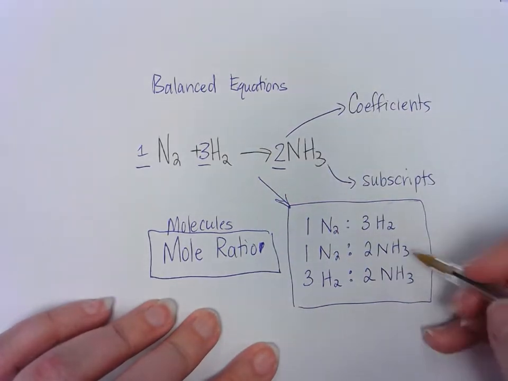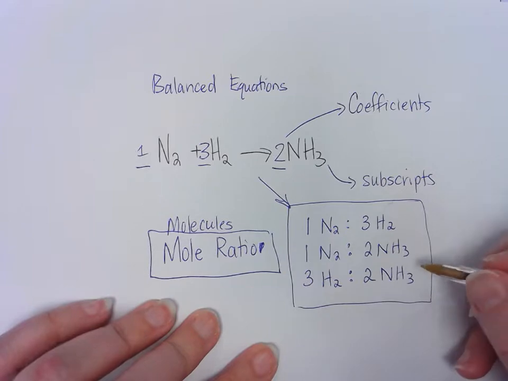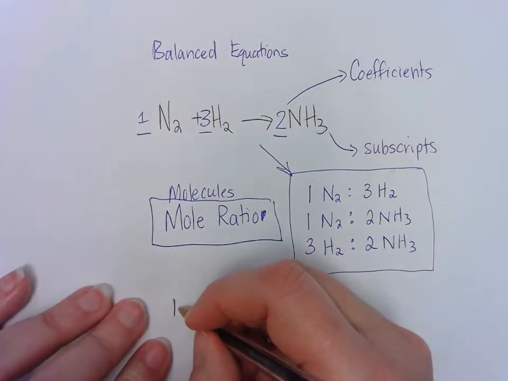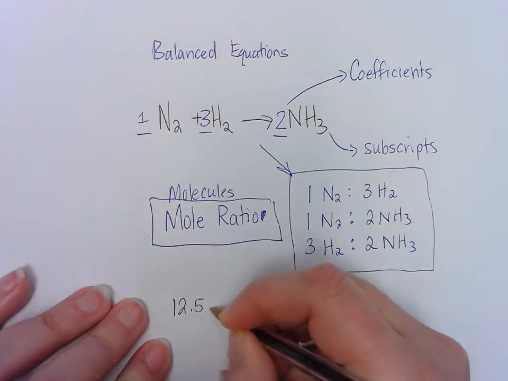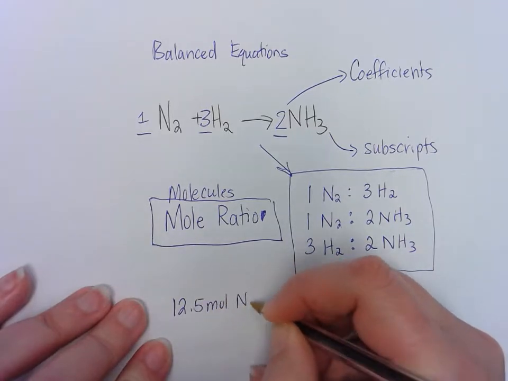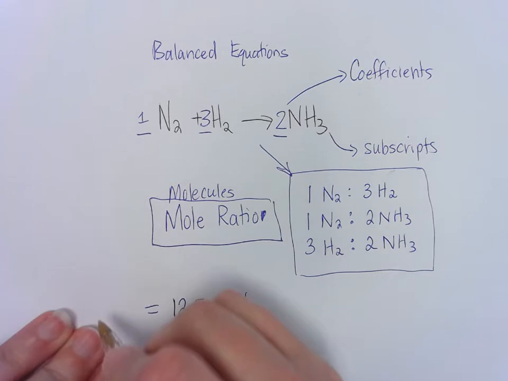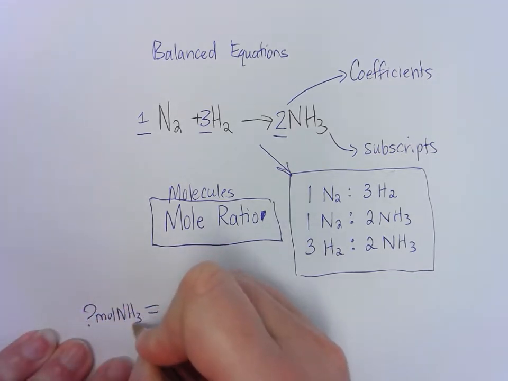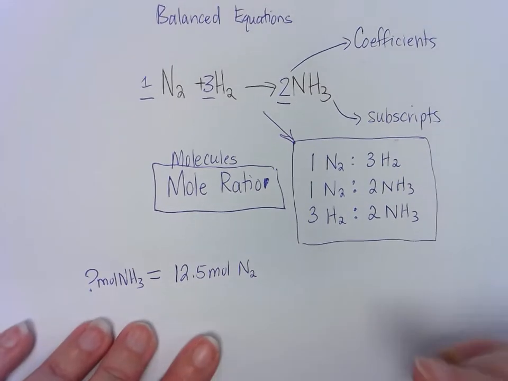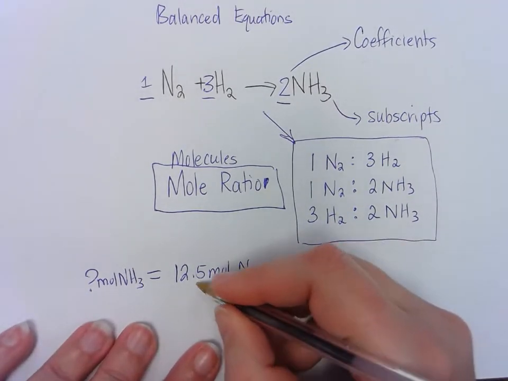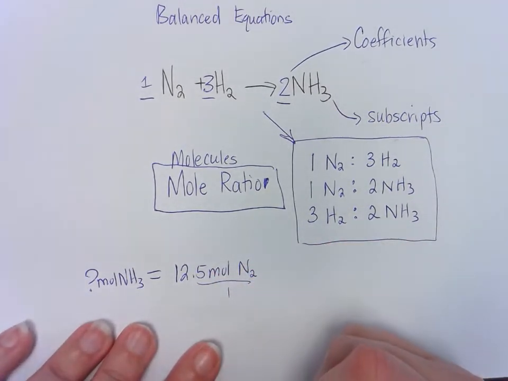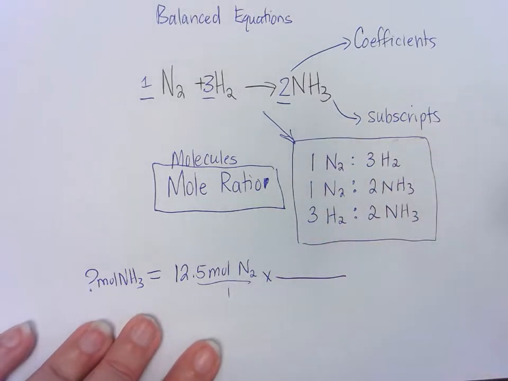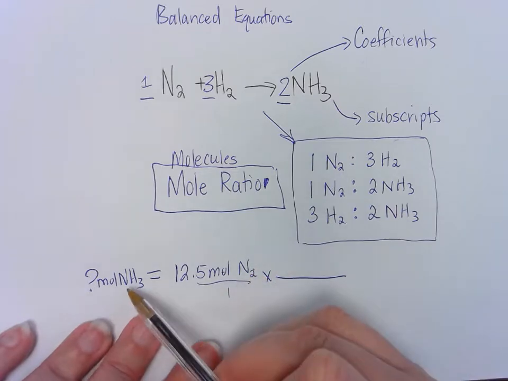This information can be used to help us do some conversions. If I wanted to say, all right, I have 12.5 moles of N2, and I want to know how many moles of NH3 I can make, I can do that. I take my 12.5 moles of N2 and I make it over 1 to do a regular conversion. And using this mole ratio information, I can go from moles of N2 into moles of NH3.